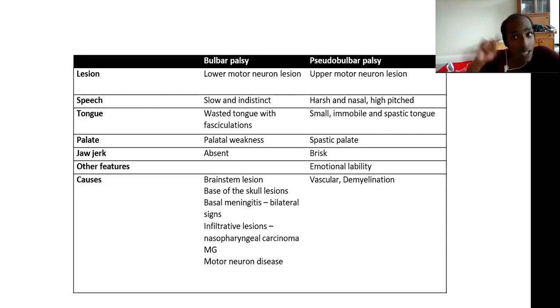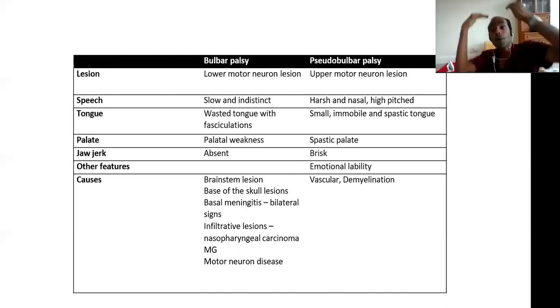But for the trigeminal nerve, there is a nucleus in the medulla as well. So that is why it is involved, brisk. So a small triangular shaped tongue, spastic tongue, a very nasal, high pitched voice, and a spastic palate, very stiff palate. These are all features of upper motor neuron lesions in these cranial nerves.